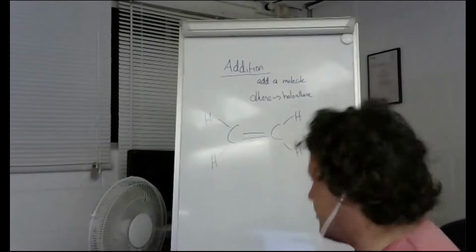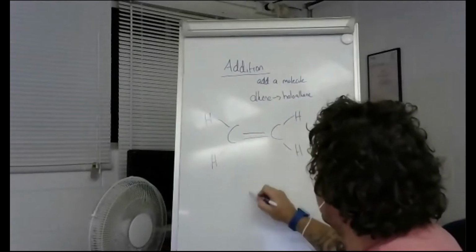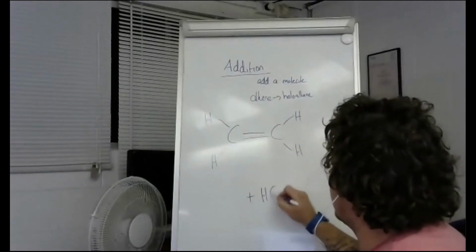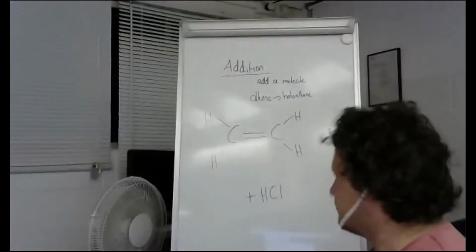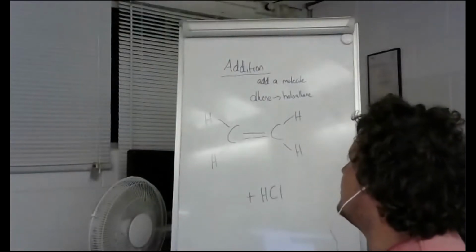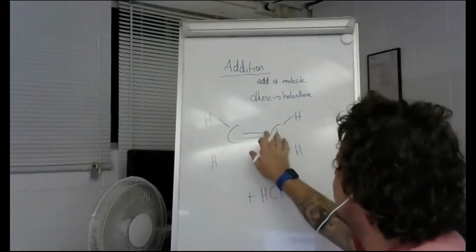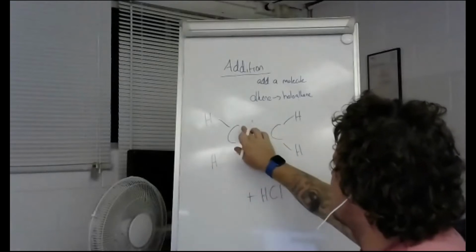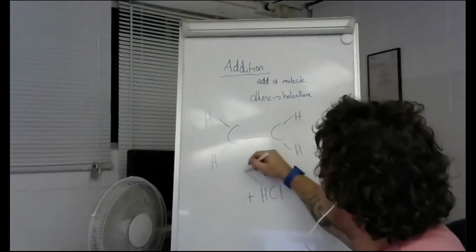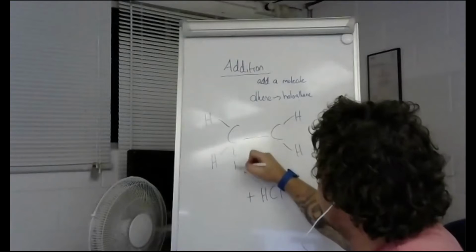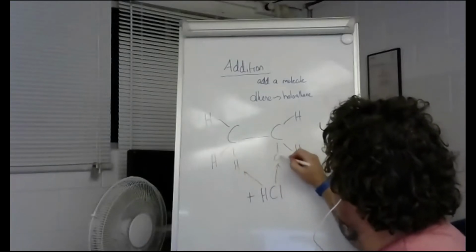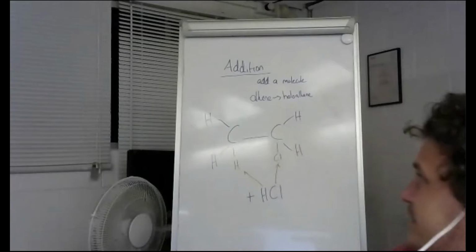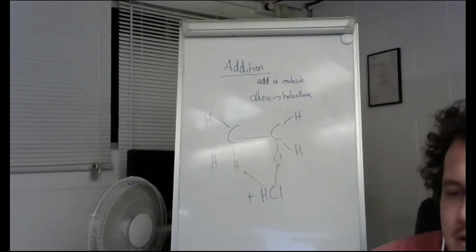So what we can do is we add hydrochloric acid, HCl. We know it's an addition reaction, so we rip the double bond. This H goes here. The Cl attaches onto that carbon and gives us a haloalkane.